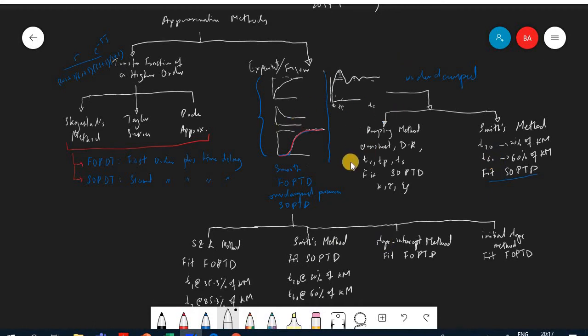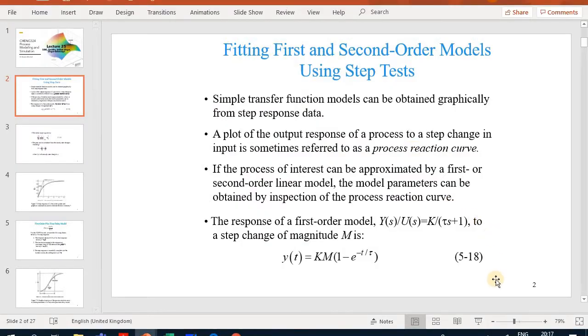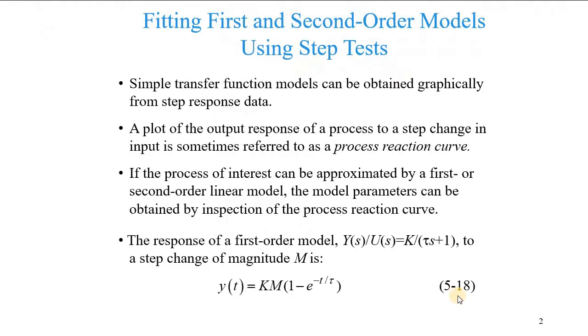So based on that, we are going to start with our first method, which is the initial slope method. It's one of the simplest ones that I can use here.